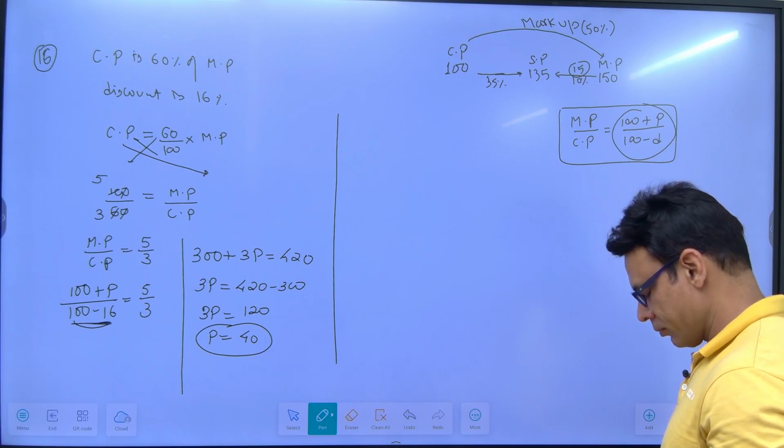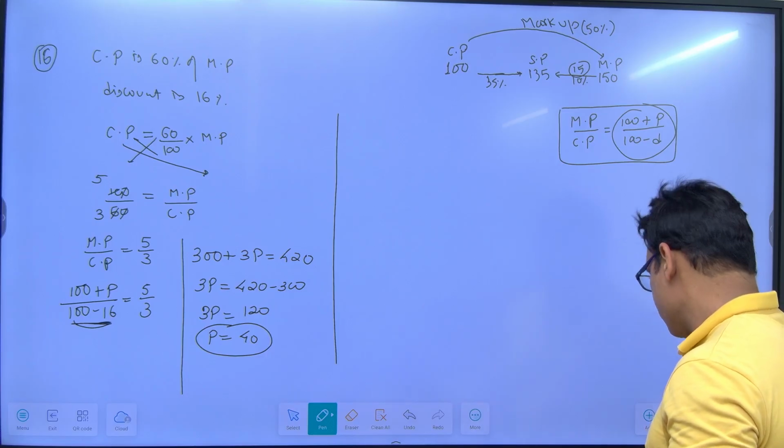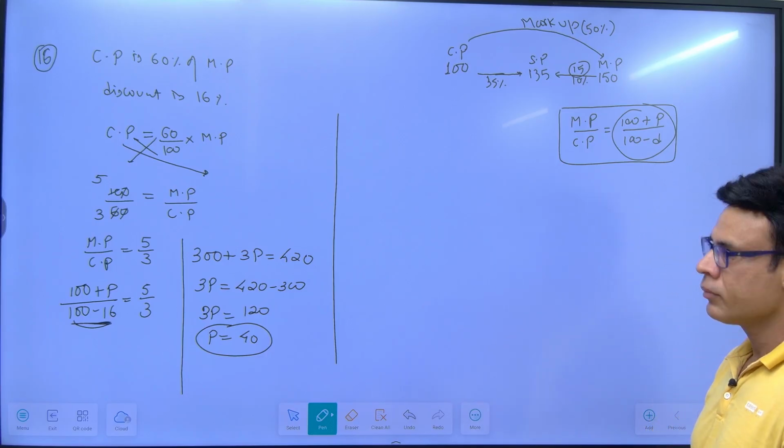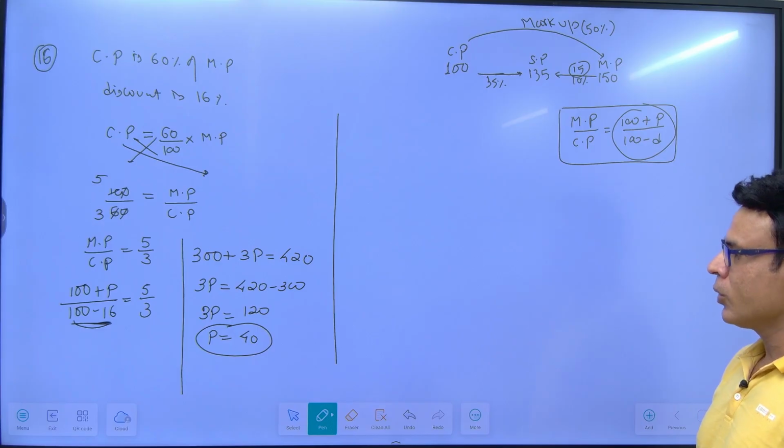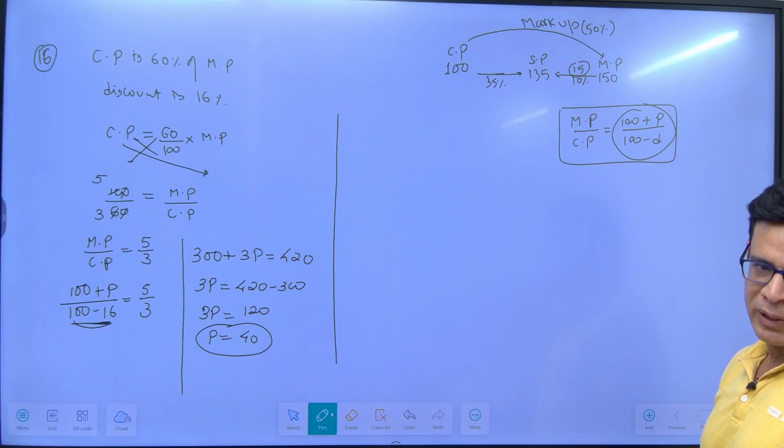So suppose if it is a loss instead of profit, it will be 100 minus 10. You keep the formula same, you'll get the answer as negative. The value of P will be negative. That means there is a loss.